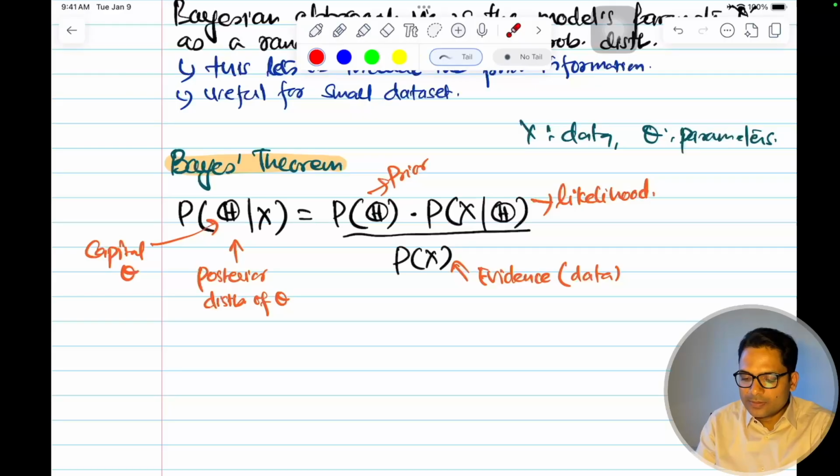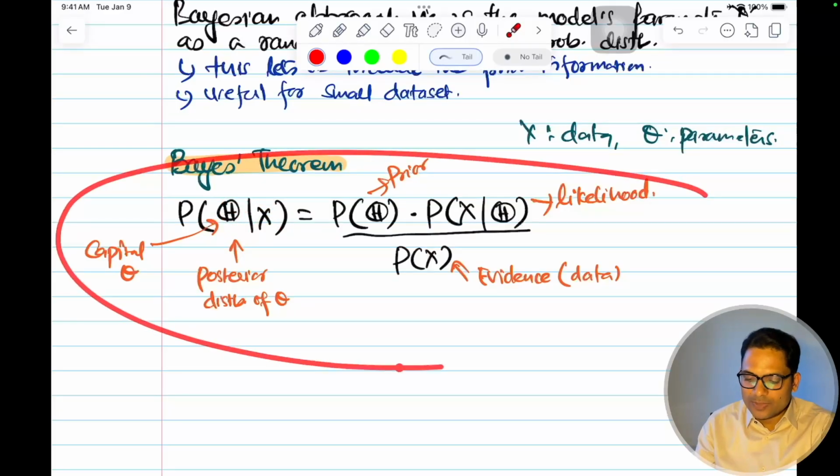I had some initial belief, and then based on the parameter theta, what is the data? And this is my posterior: after observing the data, what is my parameter theta.